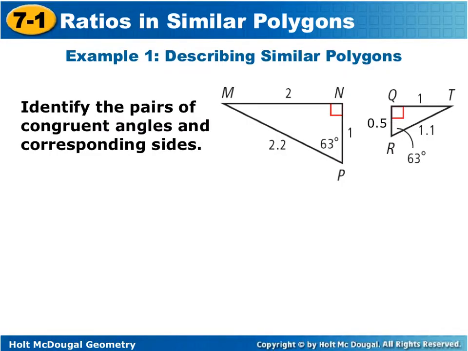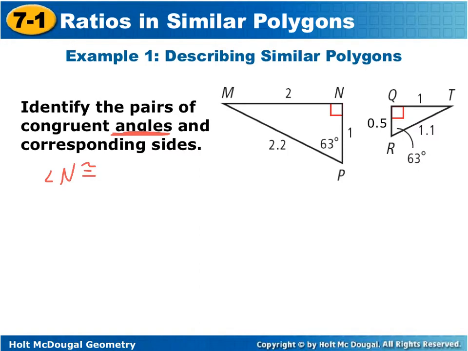Okay, our first example: identify the pairs of congruent angles and corresponding sides. Let's identify the pairs of congruent angles first. Which angle is congruent to which angle? Let's start with our big triangle. What is angle N congruent to?